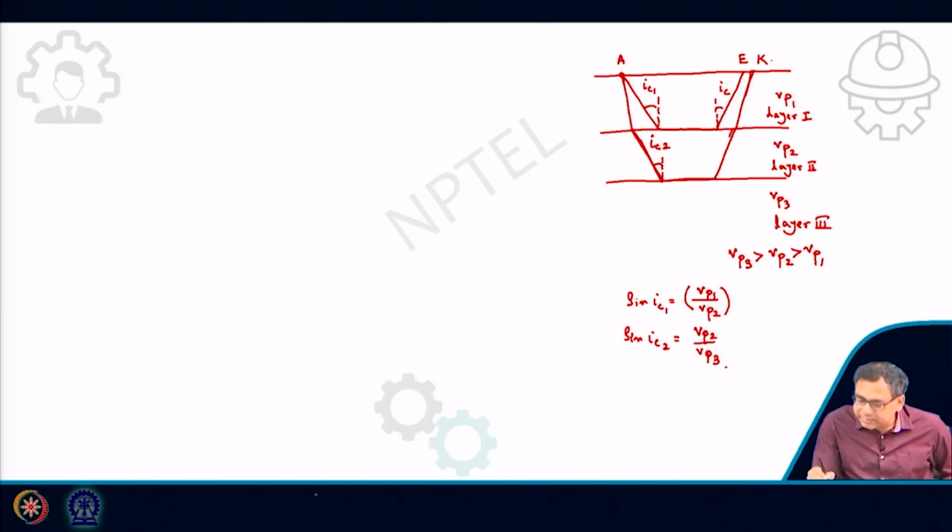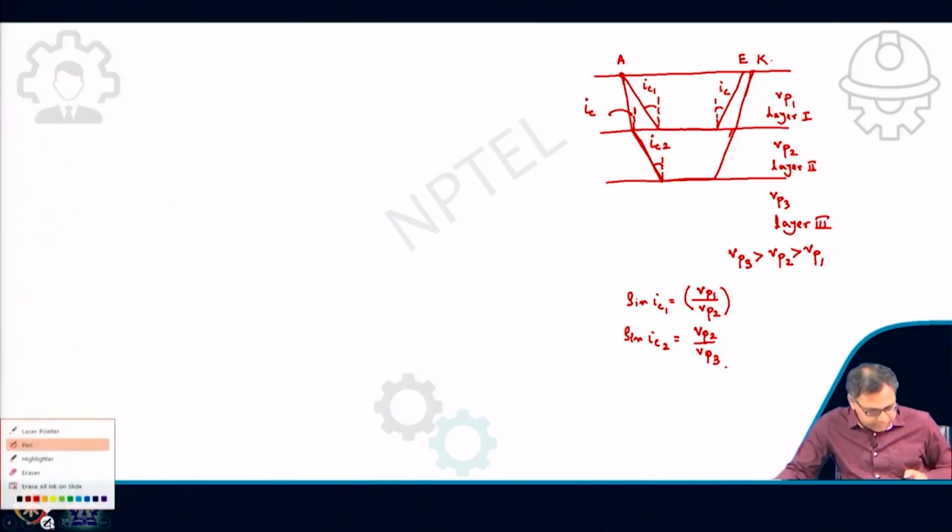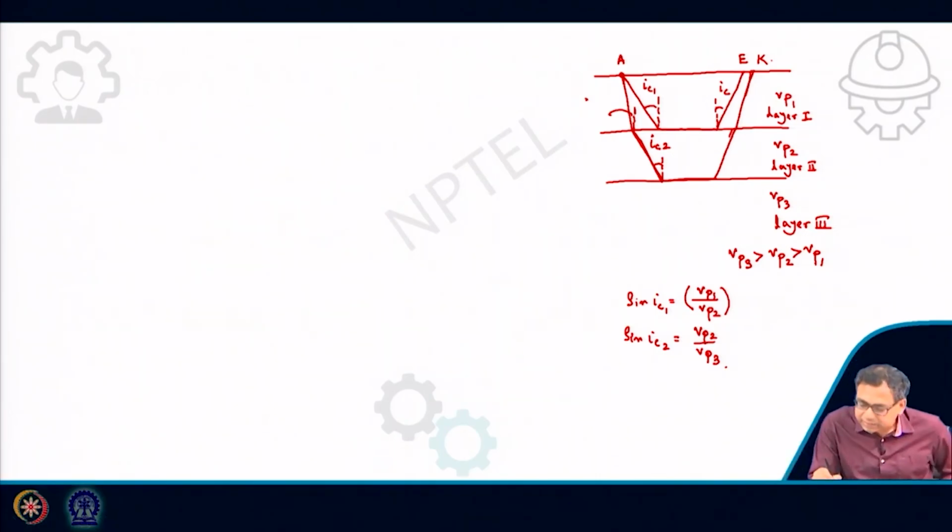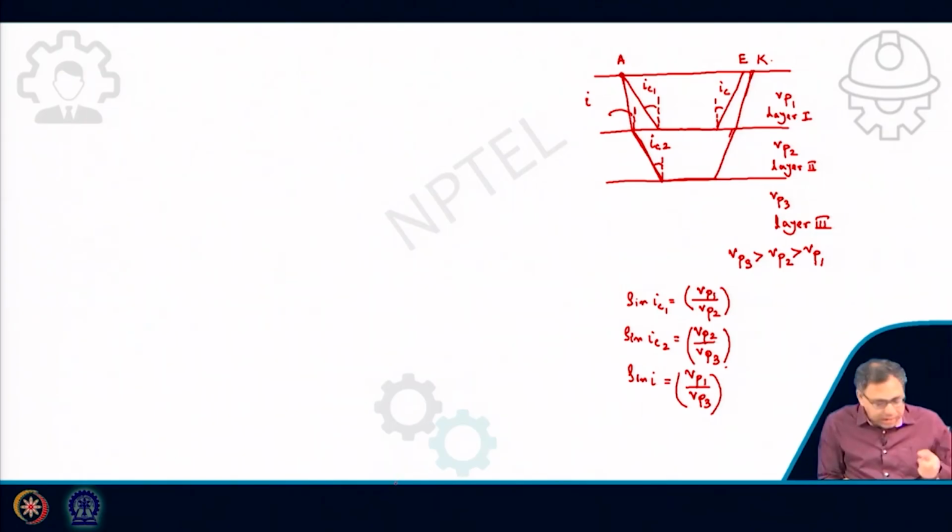and this angle is, say, I. So, what will be sin I? Sin I will be VP1 by VP3. Now, how am I getting sin I as VP1 by VP3?